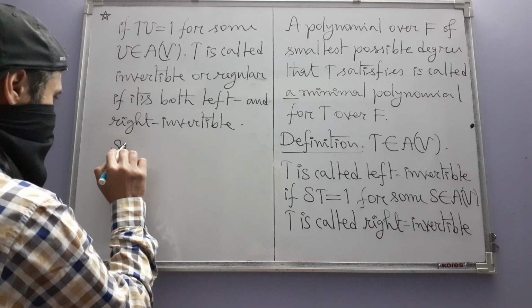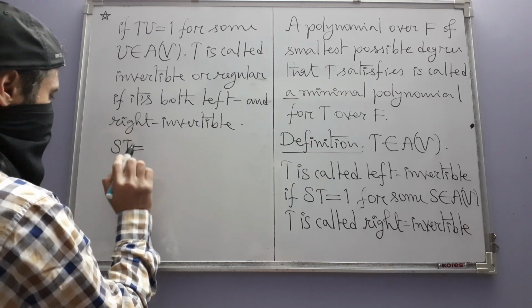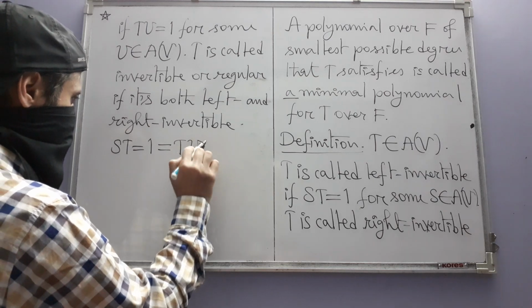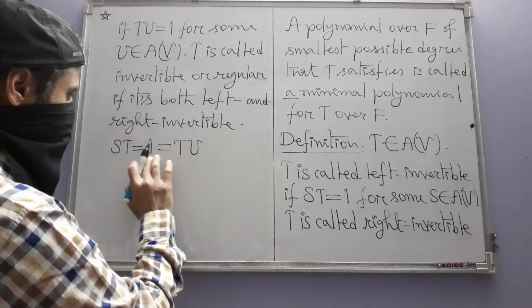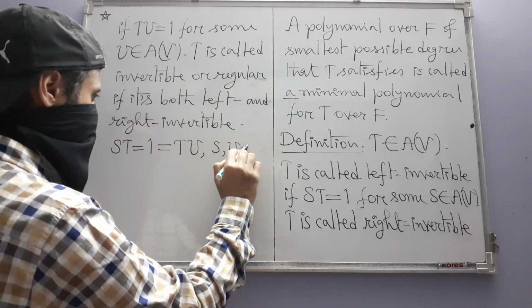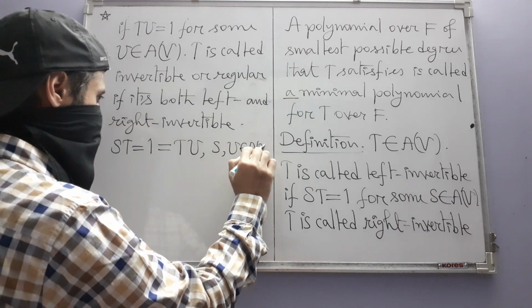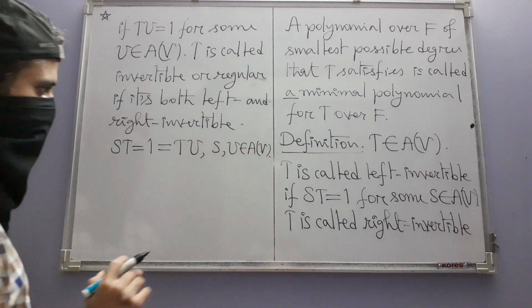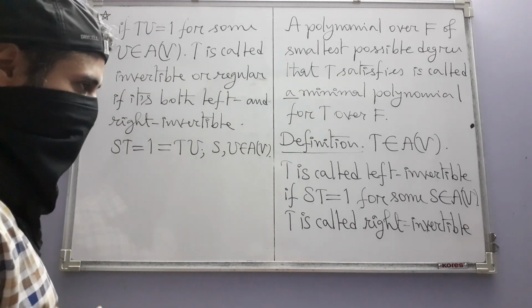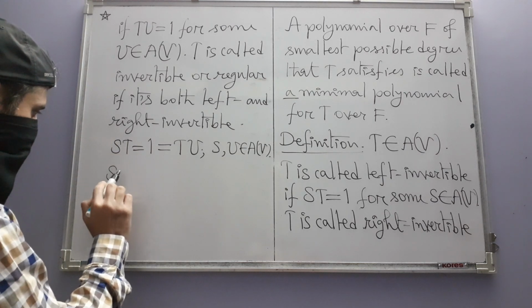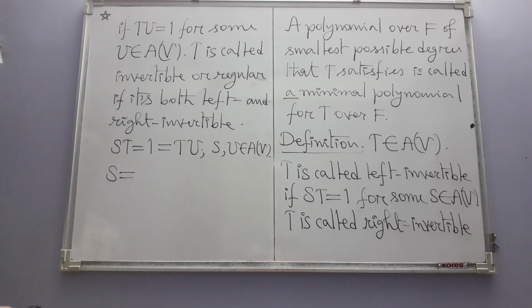So there exists an S for which we have ST equal to 1, and also there is a U for which TU is 1, for some S and U in A(V). Our claim now, or the author's claim now, is that S must be equal to U. This is how it can be substantiated.